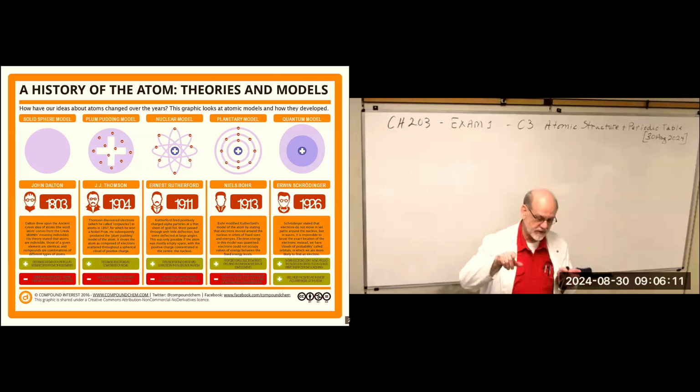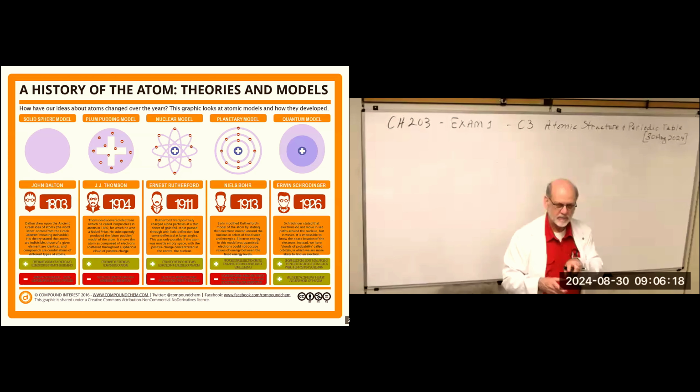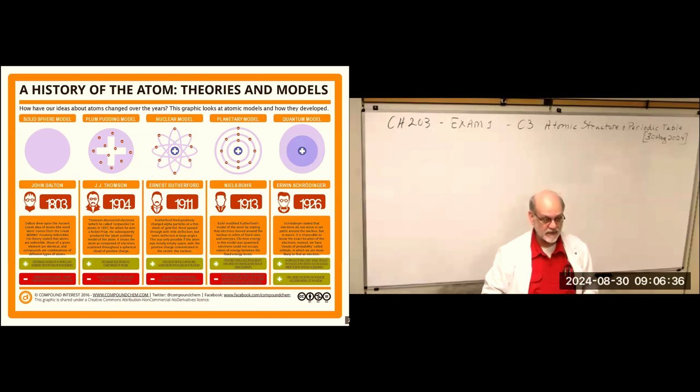So J.J. Thomson comes along with his negative particle. So we have to have positive balance to it. By this time, we knew that negatives and positives attract one another. And when you have the same charge, negative as positive, they cancel or they neutralize. So we knew that there had to be an equal amount of positive charge in the atom.